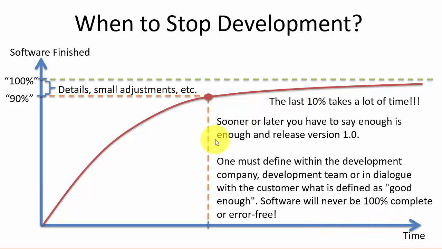So sooner or later you have to say enough is enough and release version 1.0. So you must define within a development company or development team, or in dialogue with the customer, what is defined as good enough, because software will never be 100% complete or error-free.